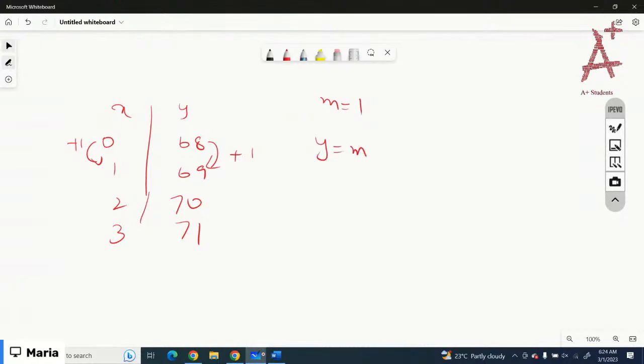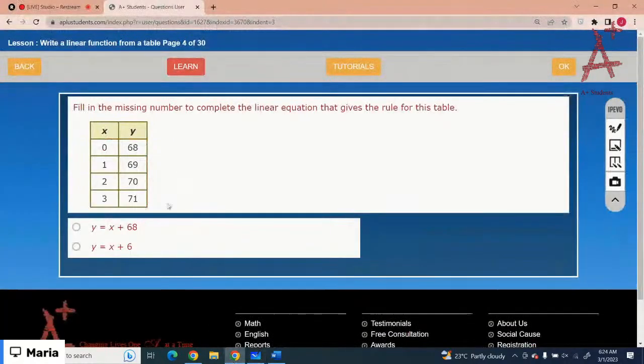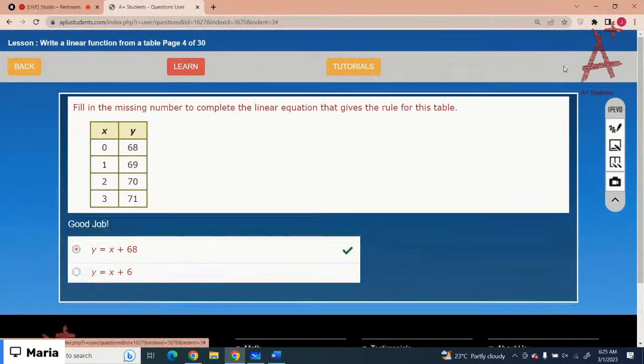Use any point and calculate the value of b. Let's suppose I'm using 0 and 68. Y is 68, 1 times 0 plus b. That means 68 equals 0 plus b and b equals 68. Got it? So the equation is y equals 1x plus 68. That would be x plus 68. So the correct option is x plus 68. That is option number 1. Just select the correct option and click on the OK button.